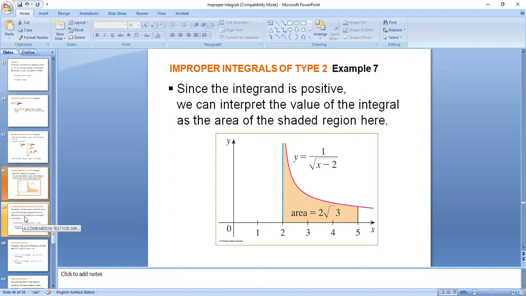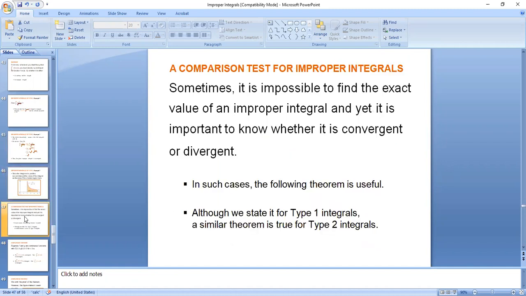Okay? Proceed. So, a comparison test for improper integrals. What is this comparison test? Sometimes it is impossible to find the exact value of an improper integral, and yet it is important to know whether it is convergent or divergent. So let's say you are having difficulty in determining the value of the integral itself, even if you have to apply the concept of the limit afterwards only.